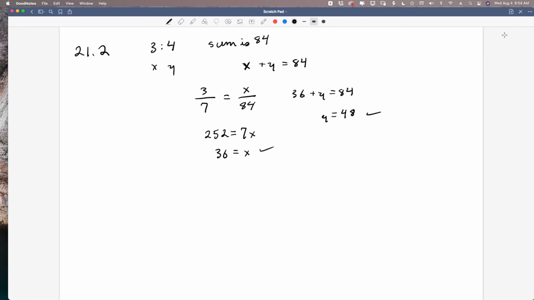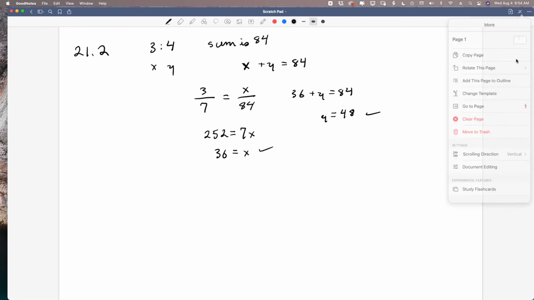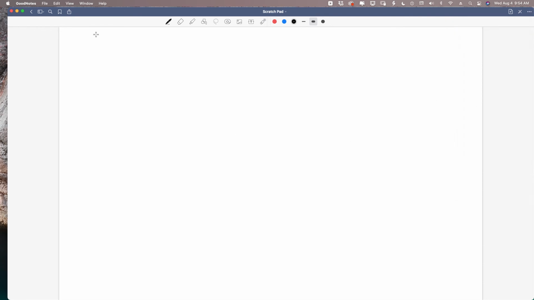So let's do 21.3. I'm going to clear this. With this one, we're told that the sum of two numbers, so x plus y, is 128. And we are told that their difference is 44.